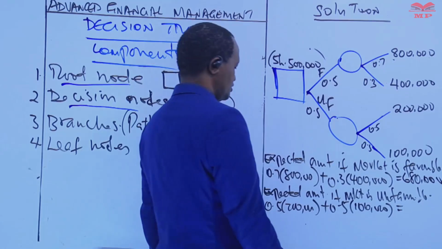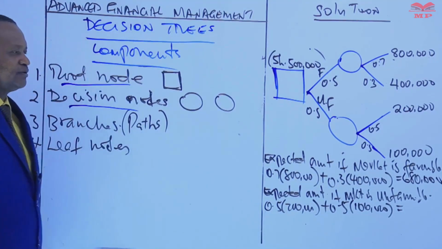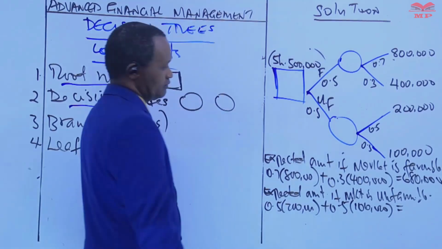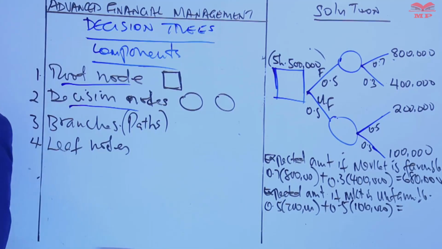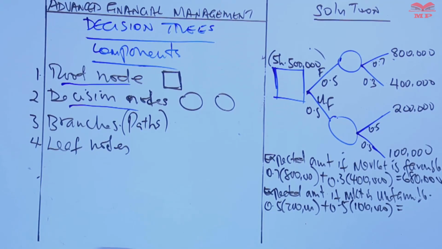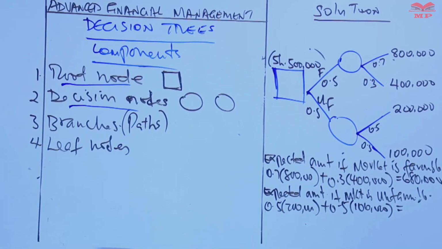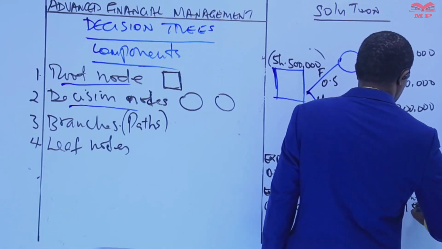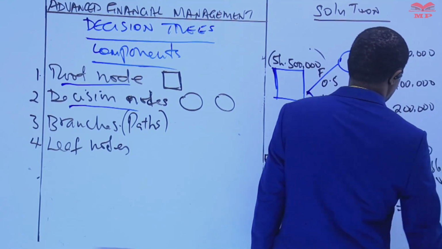How about the expected unfavorable value? Expected unfavorable value or amount. Felista says 150,000. 150,000. Is it true? Can someone confirm? Yes, someone has confirmed. Yes, 150,000.